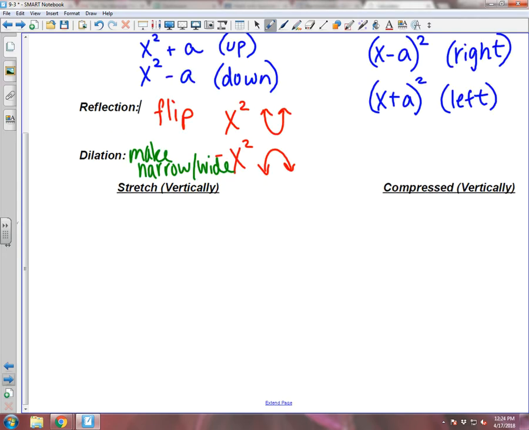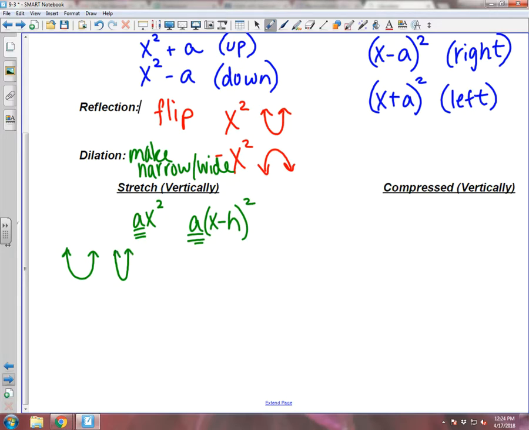If it is stretched vertically, that means there will be something outside in front of the squared term. Okay, if it is stretched, that means it's going to go from being a normal size to being thinner.